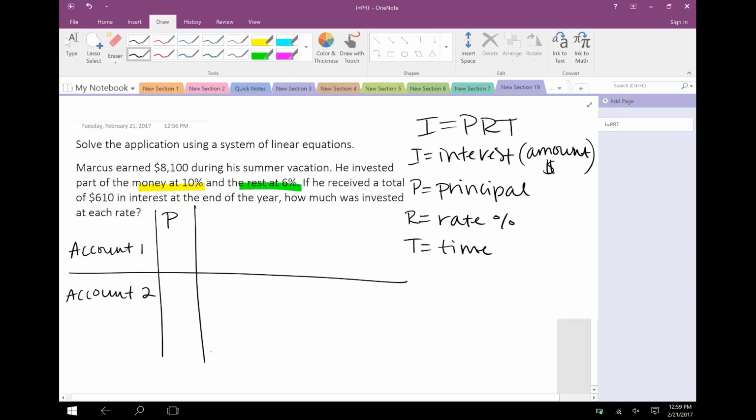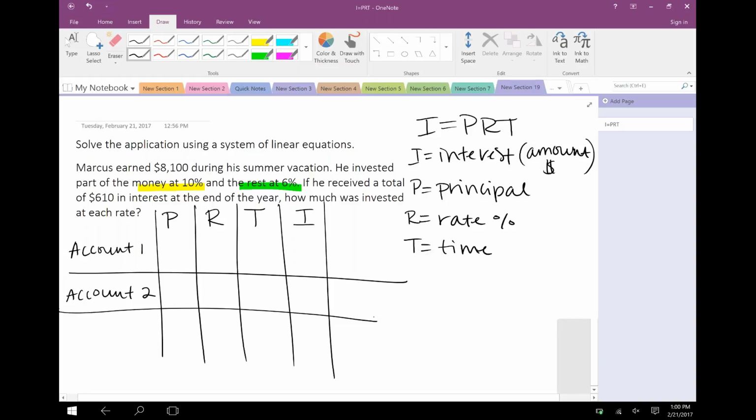Our principal amount for each account, the rate for each account, the time that it was invested for each account, and then the interest amount for each account. Okay? So let's fill some of this information in. So if he received a total of $610 in interest at the end of the year, how much was invested?